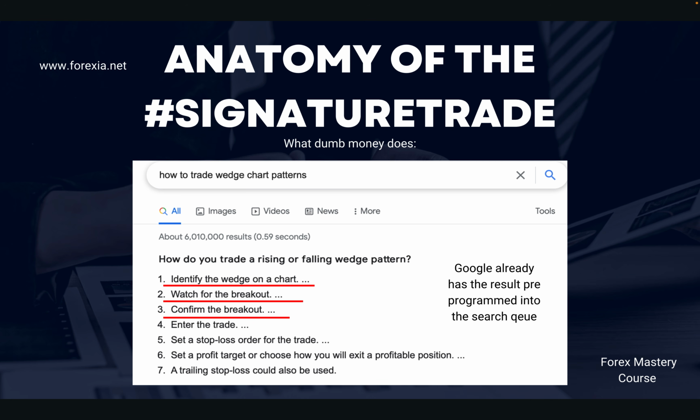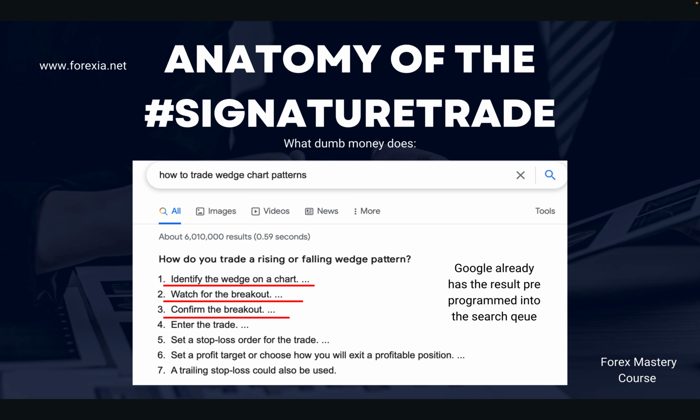But if you were to look up in Google how to trade the wedge pattern or triangle pattern, this is one of the most searched, most used patterns in the entire realm of trading. Everybody has seen the wedge pattern, and whatever you want to call it.